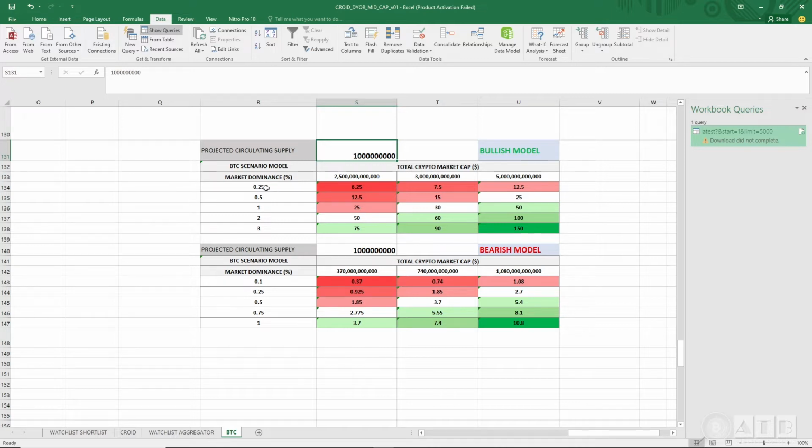I want to use the estimated token that will be in circulation, and the dominance of this token in the cryptocurrency market. This dominance, I will show you how to get it, because you get it from the price action of the market cap of a token.